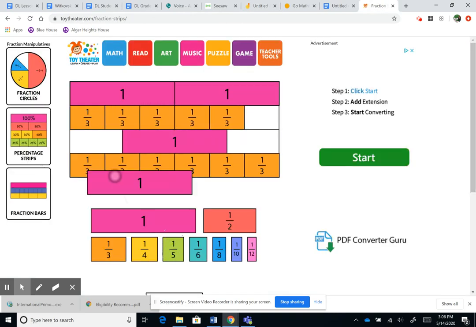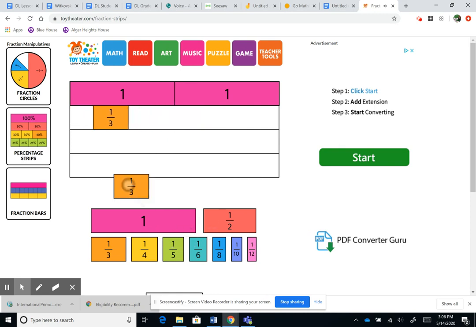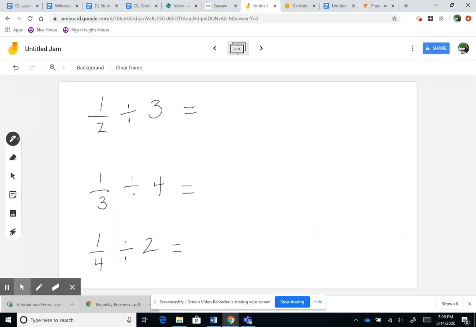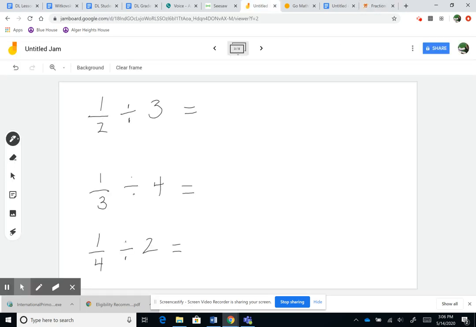If I come back to my fraction strips and get rid of all of them, you always want to start with the first number that's in your problem. So 1/2. I'm going to get a 1/2 tile, and now I want to split it into 3 equal pieces. You can take these 2 numbers and multiply them together, and that's going to tell you which fraction tile to get.